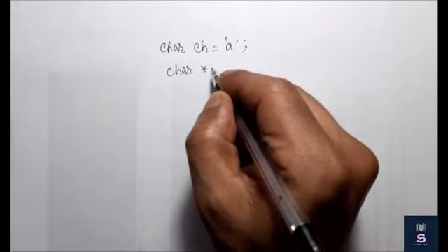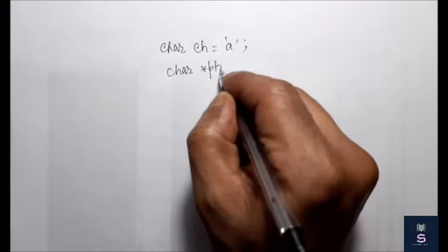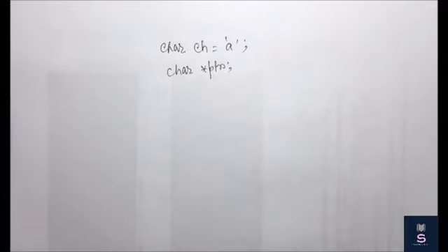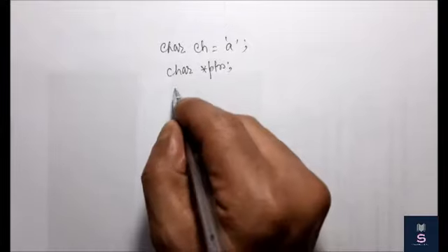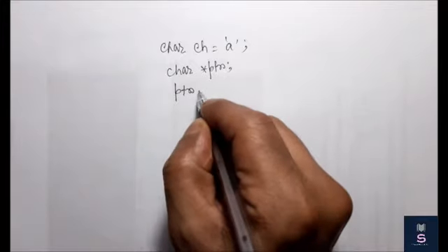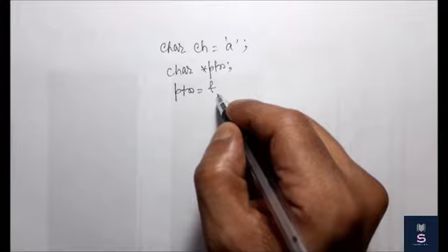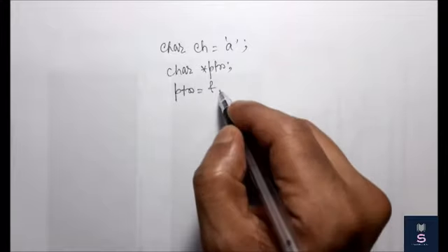So char star ptr is a pointer. It is not necessary that you always give the name ptr; you can give any identifier according to your requirement. So now I write ptr equals ampersand of ch.